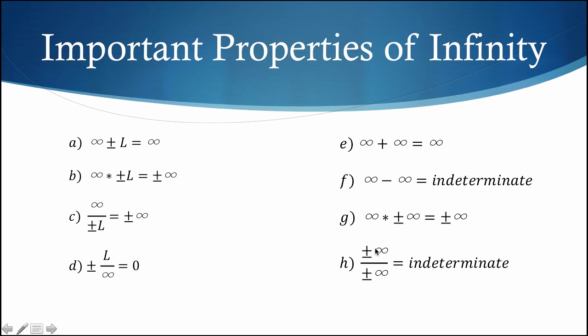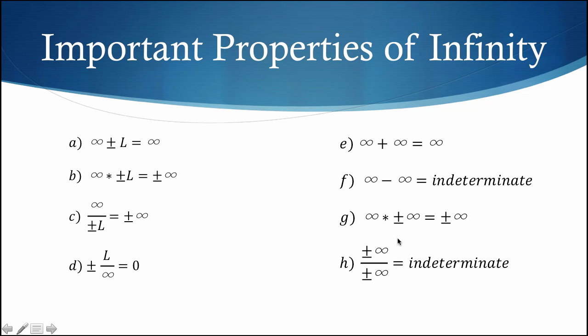Now, for property G, if you multiply infinities, you're still going to get infinity, and the sign of the infinity depends on the signs of both of them. So if you take a positive infinity times positive infinity, you get positive infinity. Negative times negative is positive infinity, and if the signs are different, then it's going to be negative infinity.